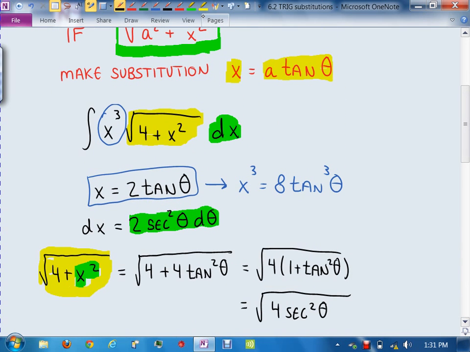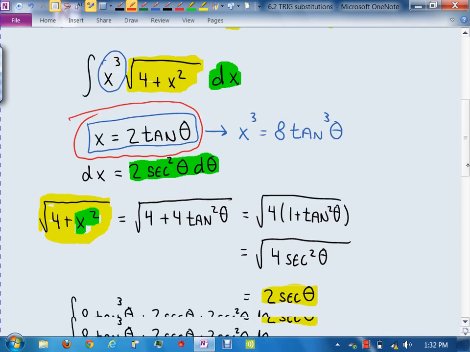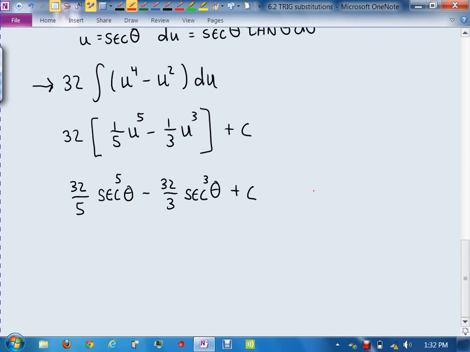What you'll do is you'll come back to the very first thing we did, the substitution. What was our substitution? X is equal to 2 tangent theta, right? I'm going to come all the way back down here, and I'm going to write that next to this. That means that x over 2 is equal to tangent theta, if I divide both sides by 2.